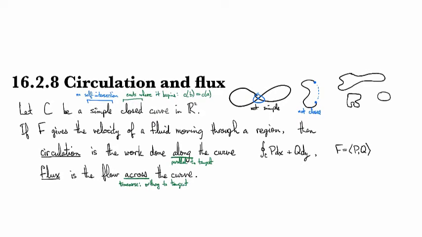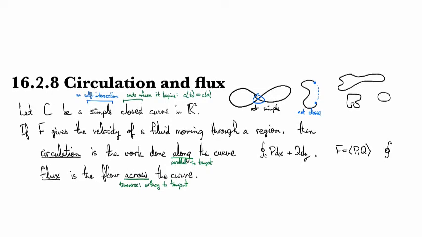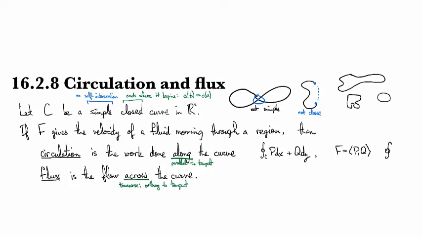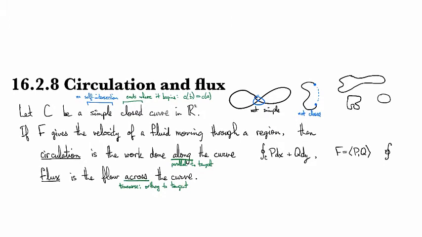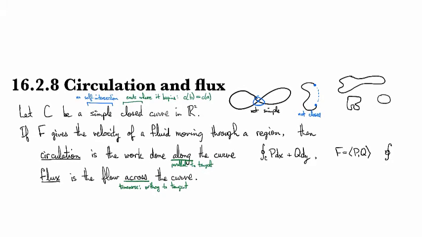And sometimes you'll find books that write it with a little arrow to indicate that the circle is moving around counterclockwise. Okay, so circulation, we've actually just done several examples of. Well, I guess the path might not have been closed, so I shouldn't say that it was circulation. But formally, the computation is done exactly like the examples we just did.